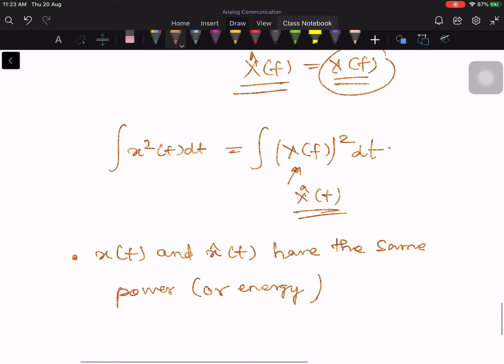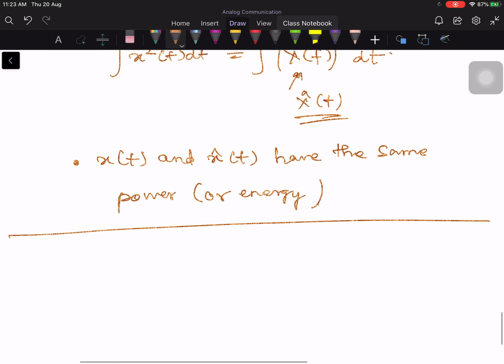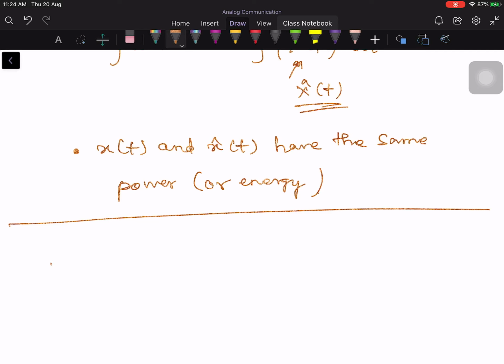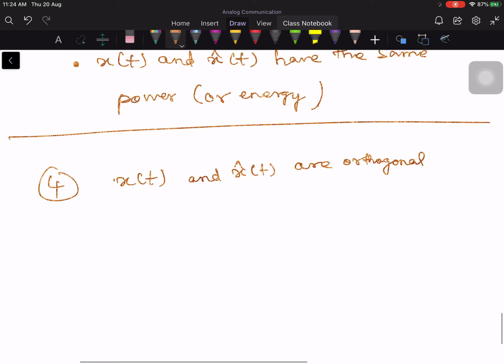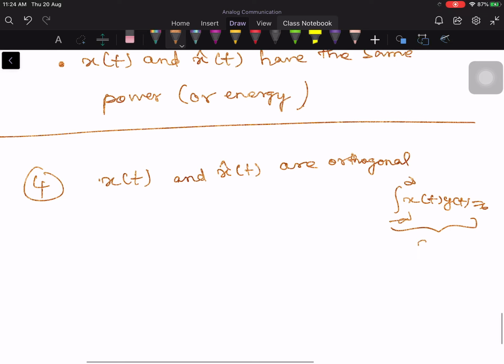Okay. The next property is quite interesting. So you can almost deduce it from the case of the sine wave. The property says let x of t and x hat of t be orthogonal. So recall what we mean by orthogonal from your signals and systems. When I say x of t and y of t are orthogonal, then their inner product, integrated from minus infinity to plus infinity, is equal to 0, then you call x of t and y of t orthogonal.